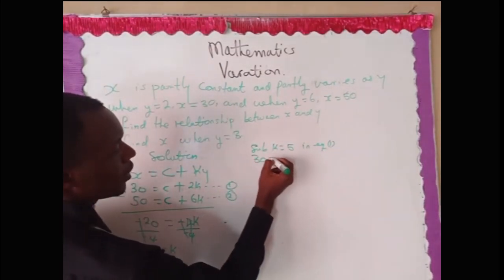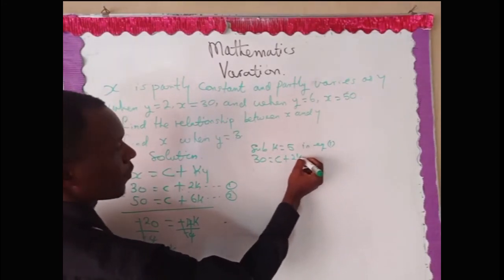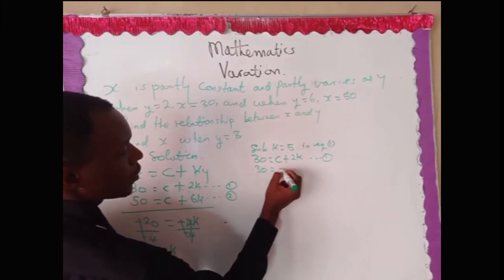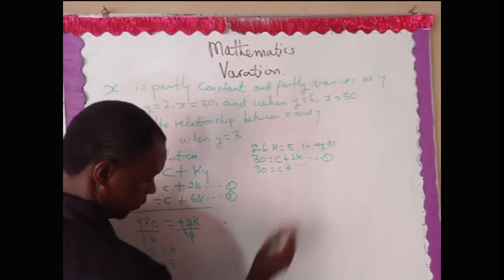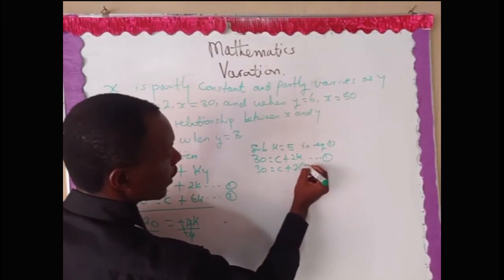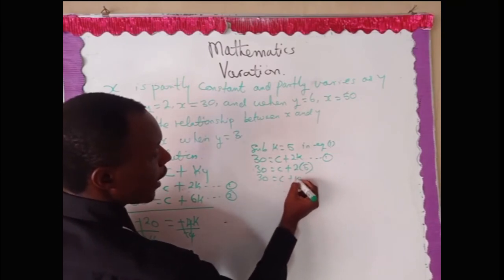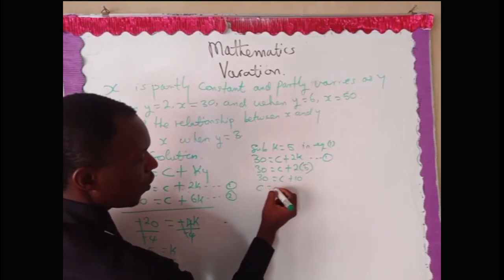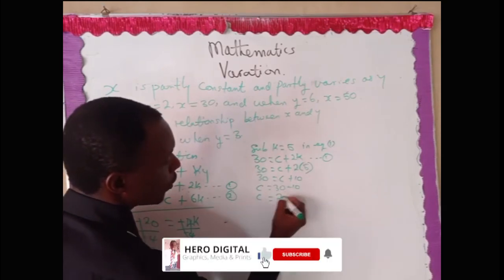We have 30 equals C plus 2K. Now we have 30 equals C plus 2 bracket 5. So we have 30 equals C plus 10. That is 2 times 5, 10. So finally we have C equals 30 minus 10, and C equals 20.